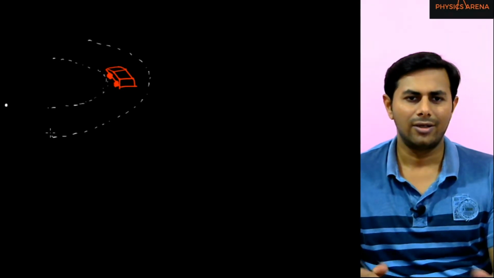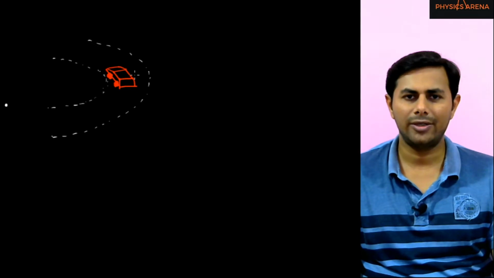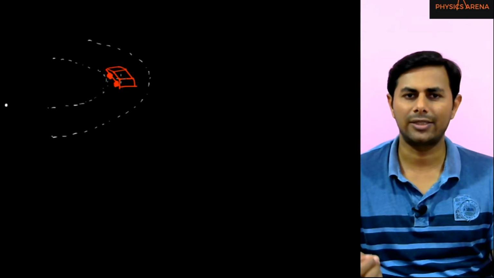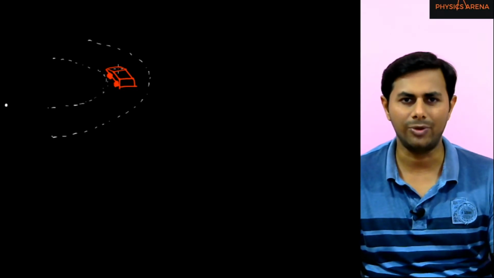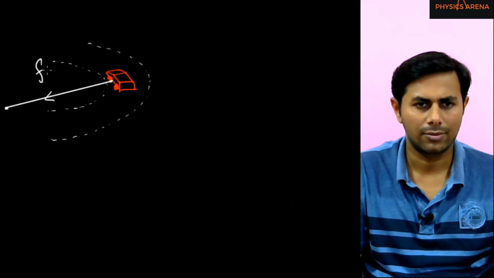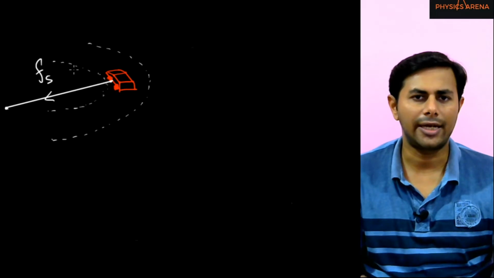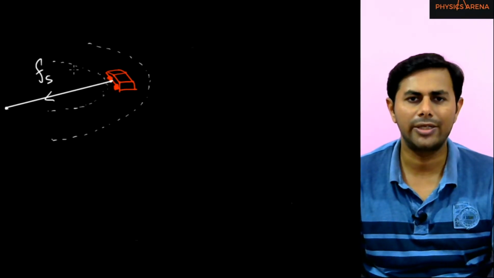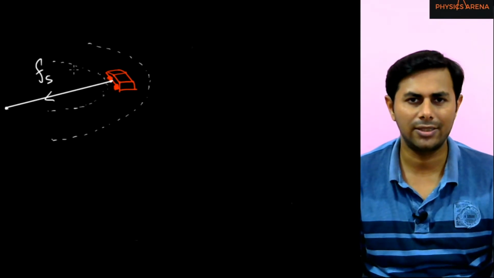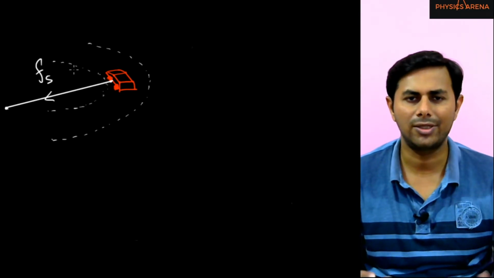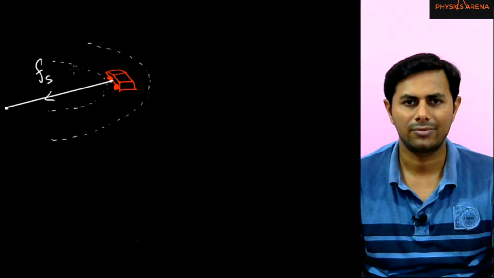So which would be the force which provides the centripetal force for this car? It would be the frictional force. It's the static frictional force which avoids the slipping of the car on the road surface and provides the necessary centripetal force for the circular motion of the car.